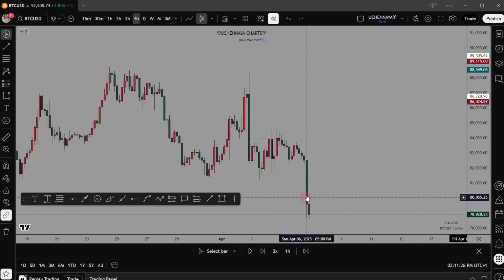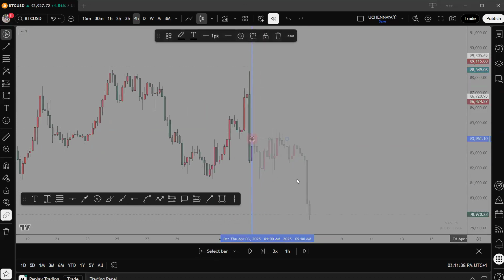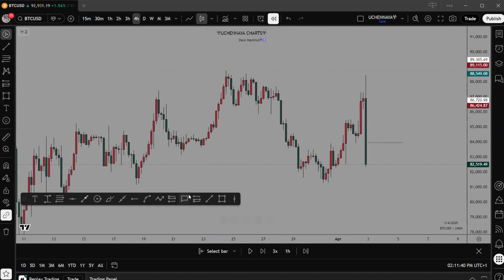Your inducement determines where you will place your entry. Supposing after this breakout, the inducement came here.